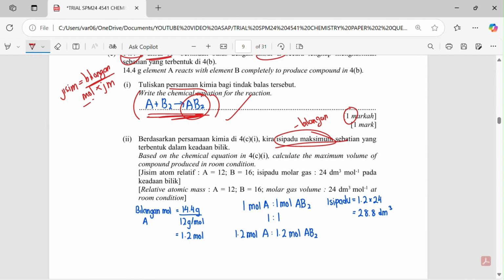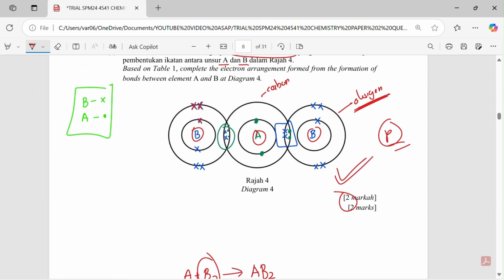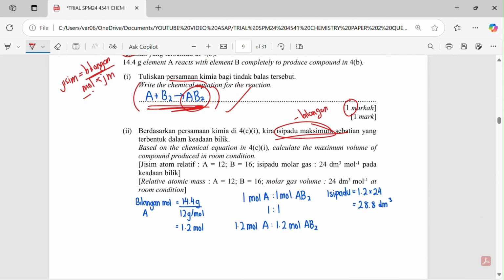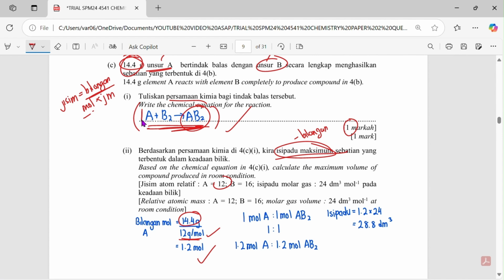So bilangan mol A, jisim of A, which is A, what was A just now? Carbon. So jisim of carbon divided by its jisim molar, 12. Alright. So 1.2 mol, and then you use ratio. You see 1 mol A reacted with 1 mol B squared to form 1 mol sebatian P. Right?